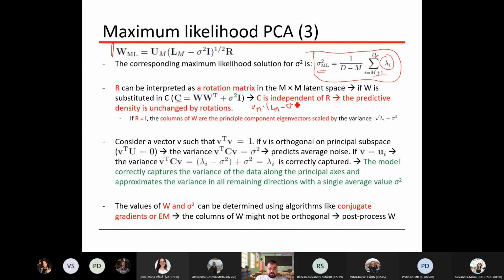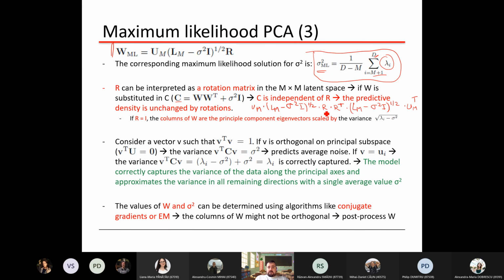So it's sigma squared multiplied with I to the square root, multiplied by R multiplied by R transposed multiplied by LM minus sigma squared I to the 1 over 2 multiplied by UM transposed. I didn't write transposed in here because since we have a diagonal matrix, the transposition will be the same.